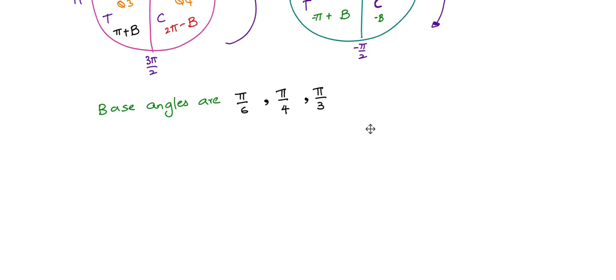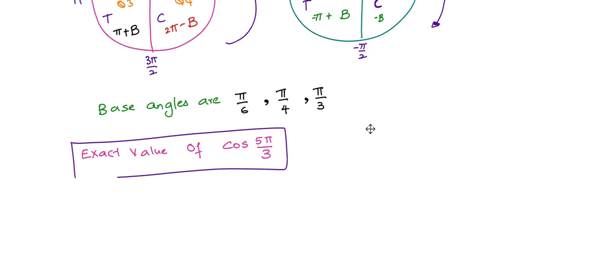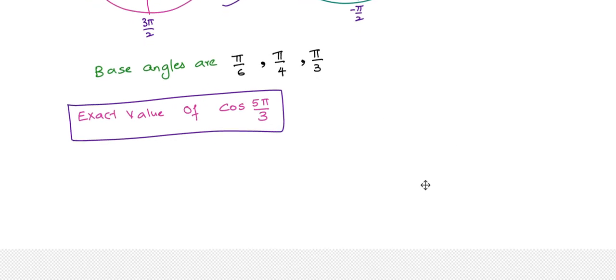For example, if you would like to calculate the exact value of cos 5 pi on 3, that's the problem. So using symmetry without a graphics calculator, how are we going to calculate the value of that? I'm going to show you now.